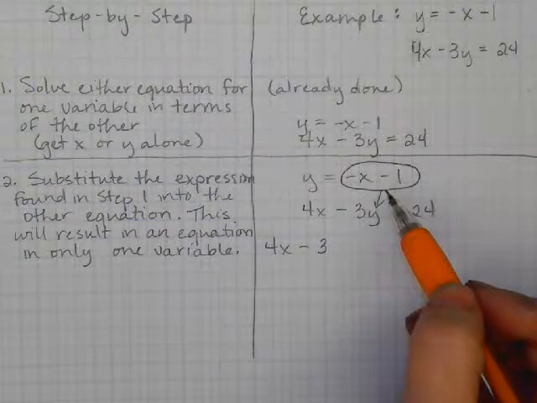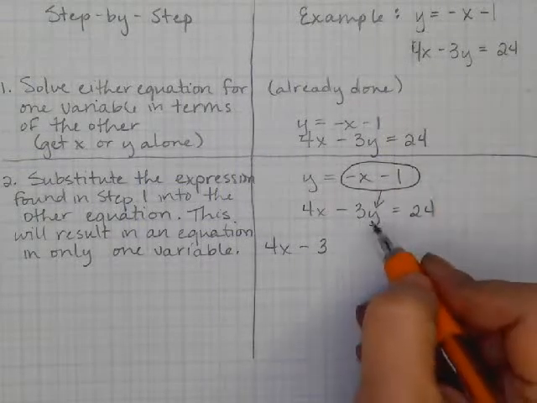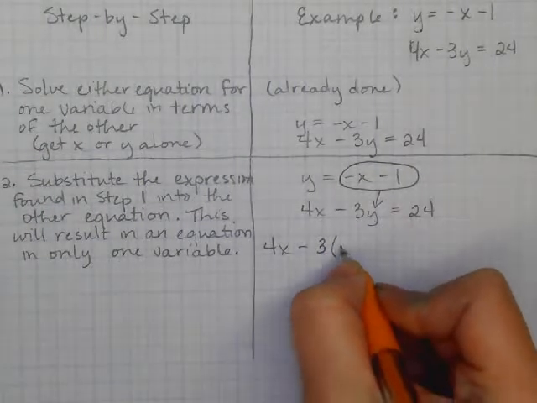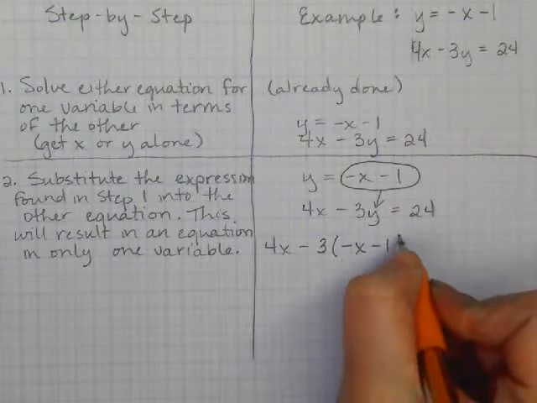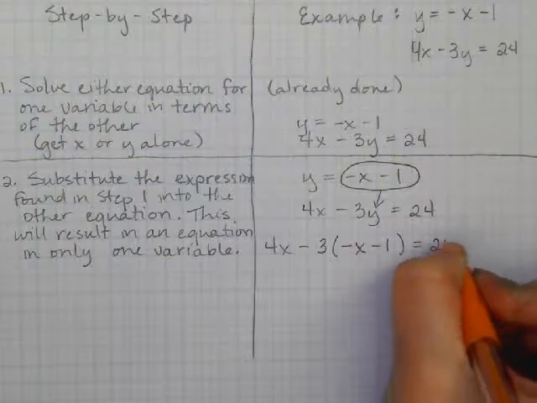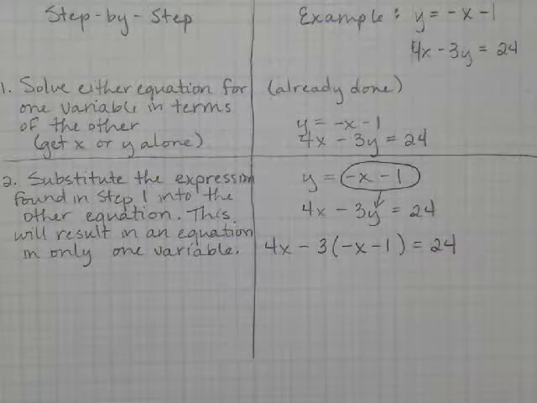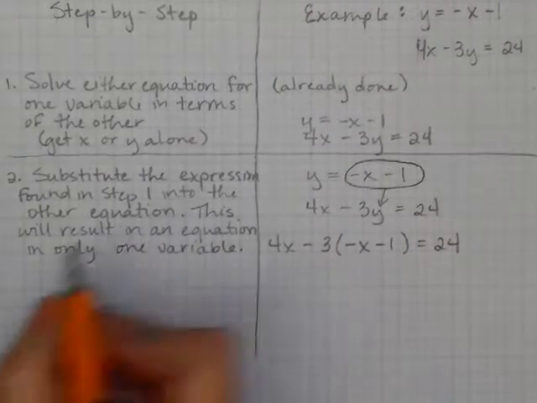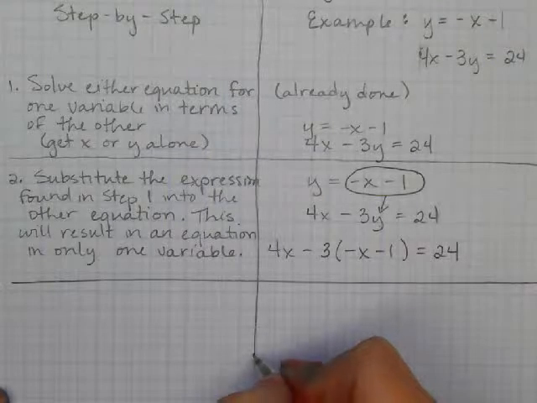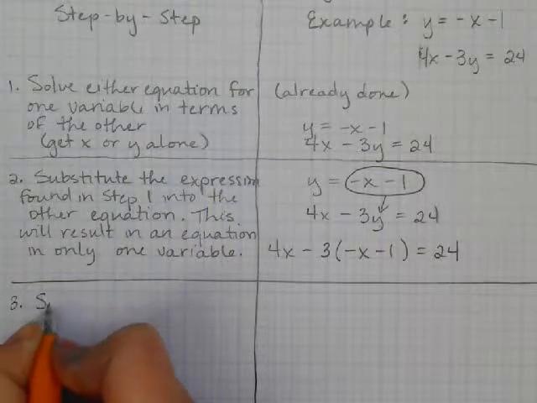The next step then, look at a little line here, is to solve the equation. So I'm going to distribute this negative 3.